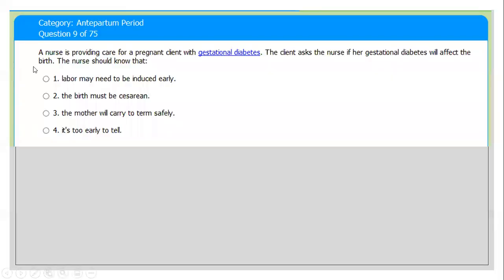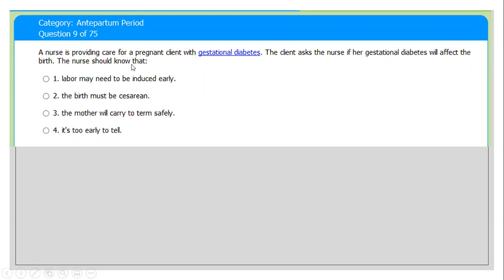Next question here. A nurse is providing care for a pregnant client with gestational diabetes. The client asks the nurse if her gestational diabetes will affect the birth.